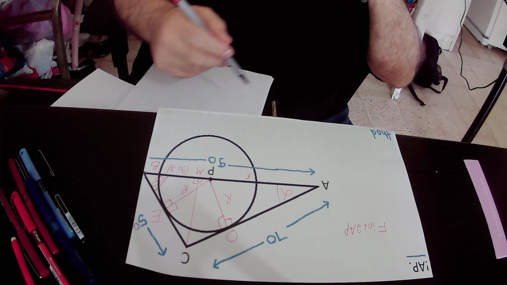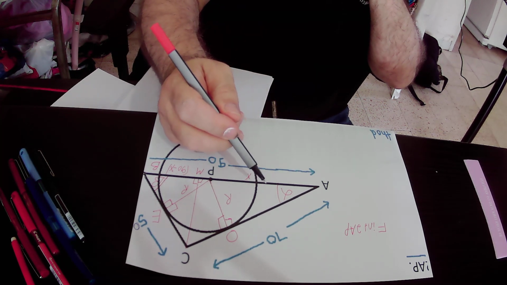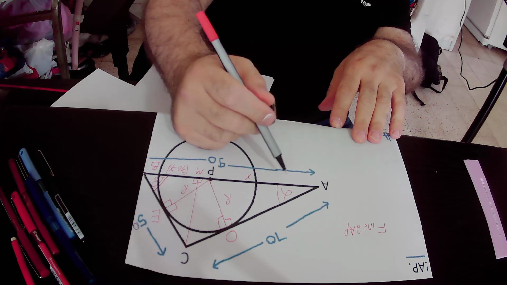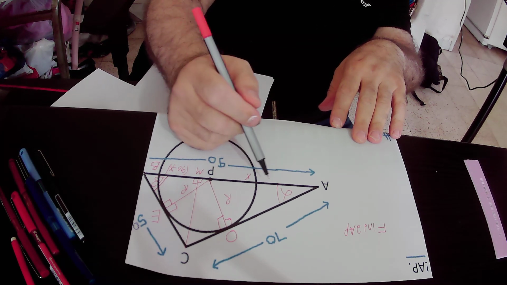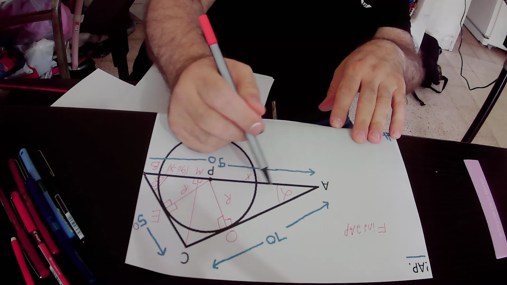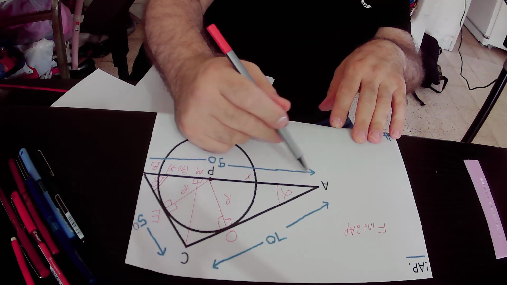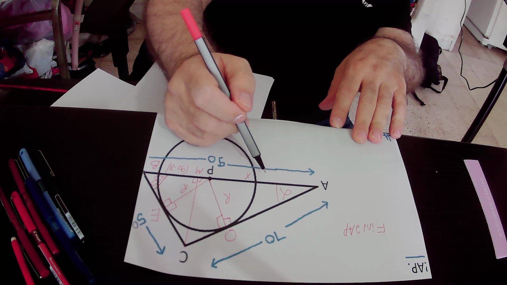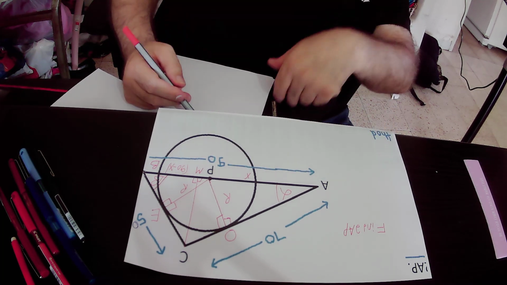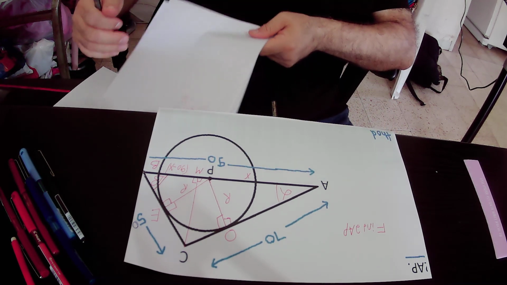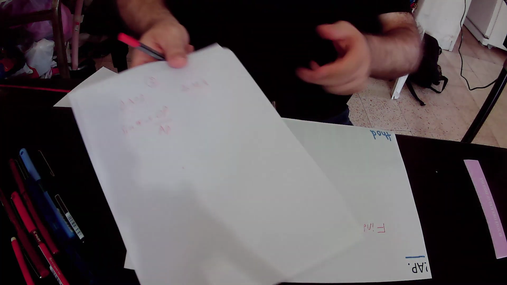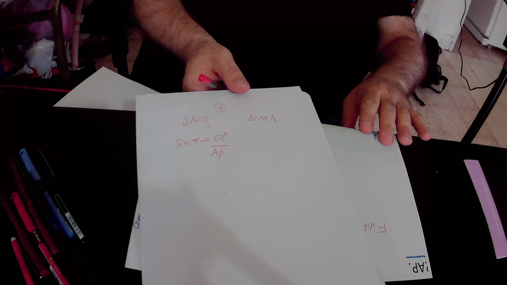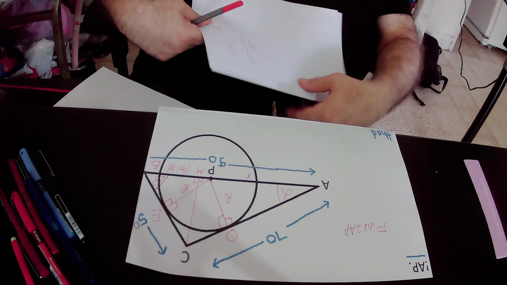Because AO is perpendicular to OP, AO and OP are the perpendiculars of the right triangle AOP, and AP is the hypotenuse of the right triangle AOP. Okay, so in triangle AOP, sinus alpha equals OP over AP.